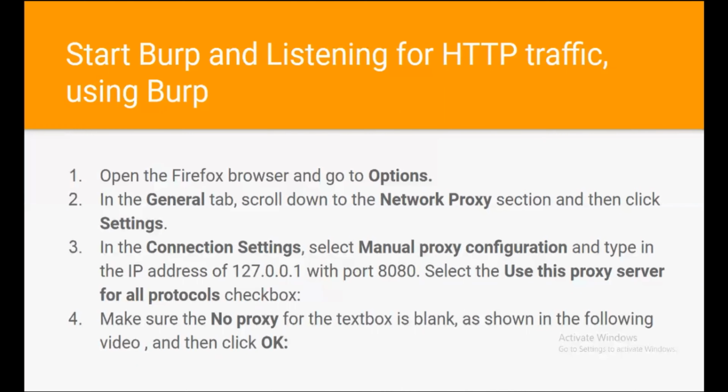Make sure the No proxy for text box is blank, as I am showing in the video. So let's check it in the next video, how to configure a proxy in a web browser.